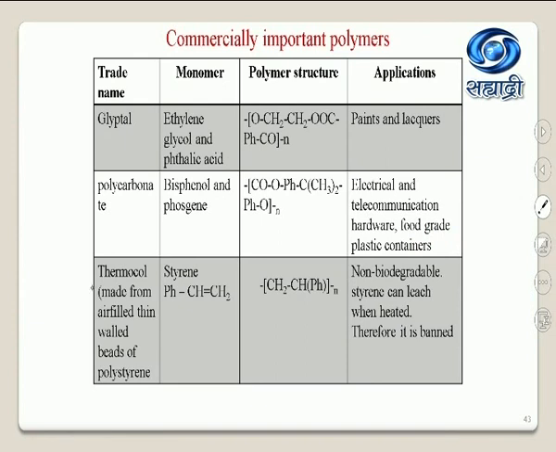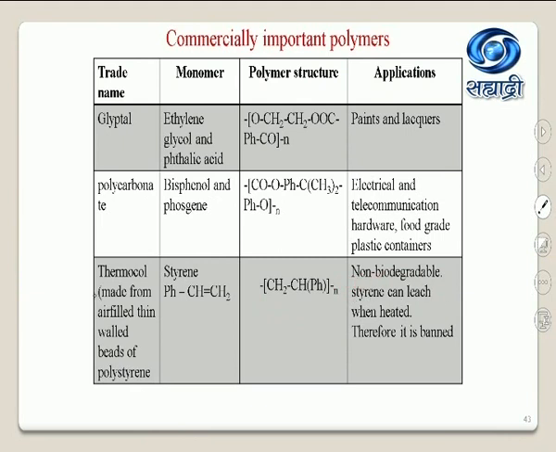Next polymer is thermocol, which is made from air-filled thin-walled beads of polystyrene. Styrene means again phenylethene. So it is the monomer of this thermocol, and this is the structure for this polymer thermocol. It is a non-biodegradable polymer.